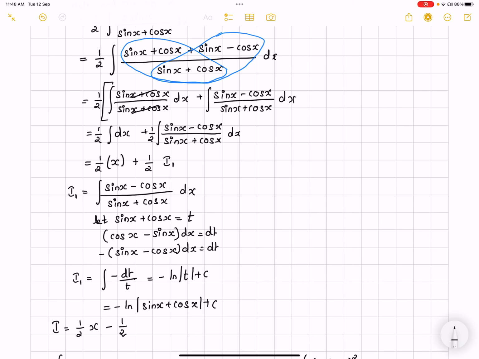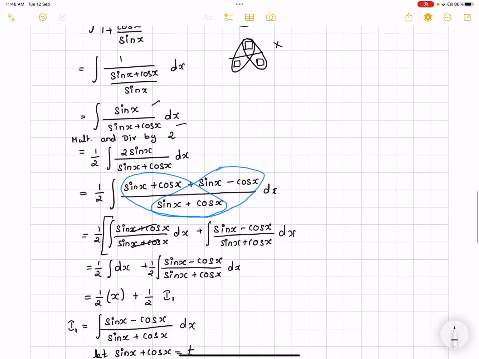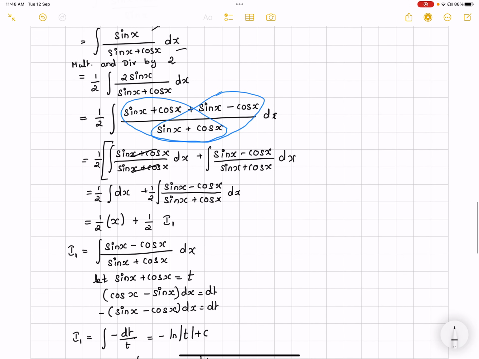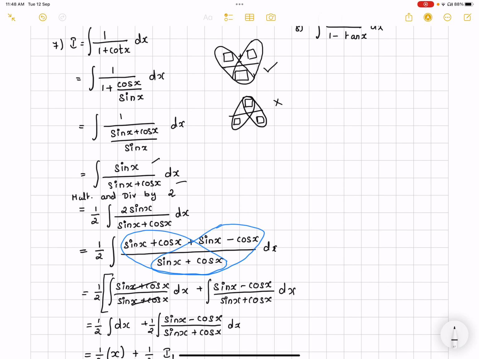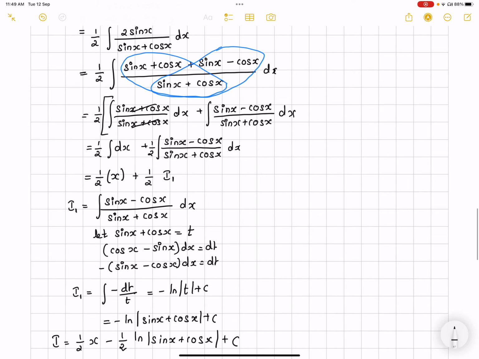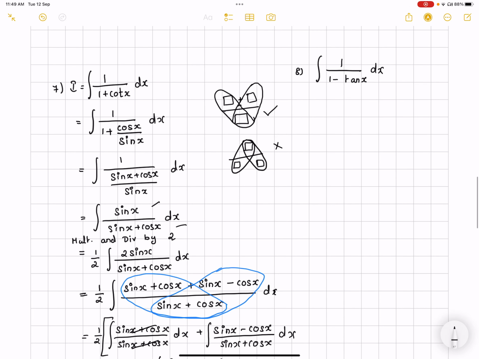So minus of, I would be having ln of sin x plus cos x plus c. That's it. Though the problem is lengthy, it's quite simple. We need to know few basic things like when to cancel, when not to cancel, all those stuff. If we know, it is quite easy. Okay, now let's move on with this next problem. So let's have a check with that one.